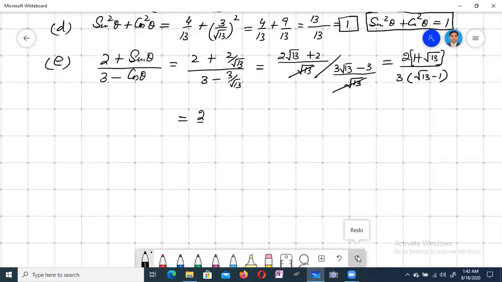Then here 2 divided by 3 as it is. After that, inside the bracket these terms also as it is. In denominator is square root 13 minus 1, and in numerator is square root of 13 plus 1.